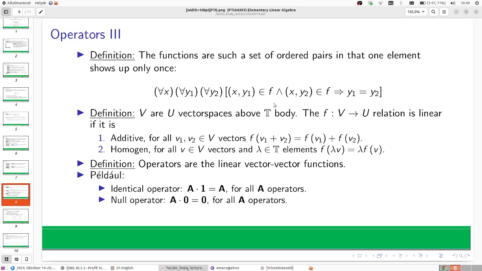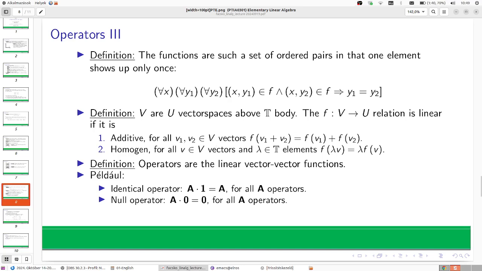You will learn what a body is later, just consider it a scalar number. This relation F is linear if it's additive. You have two elements from this vector space, you apply the function, and you can divide it into two functions in this way. You have seen this a few times previously.